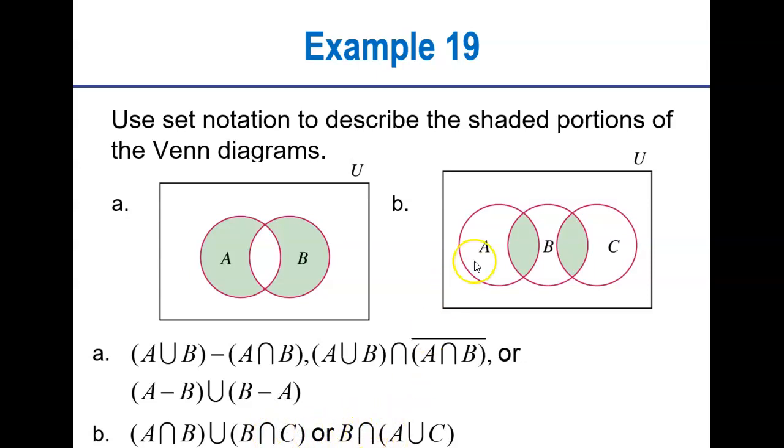So that would be B intersection A union C.